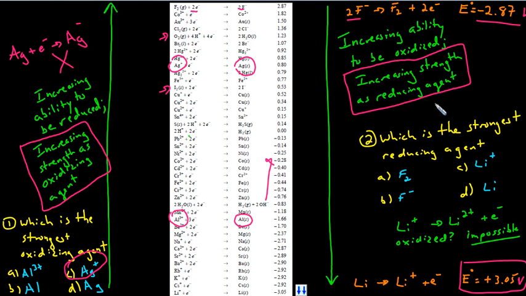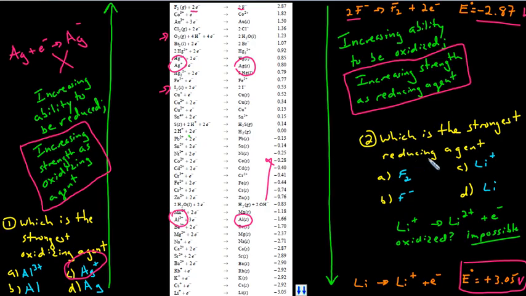And so we can see that that oxidation becomes more spontaneous as we go down because it has increasingly positive values. And so as you go down, you have increasing ability to be oxidized, or you have increasing strength as reducing agents.